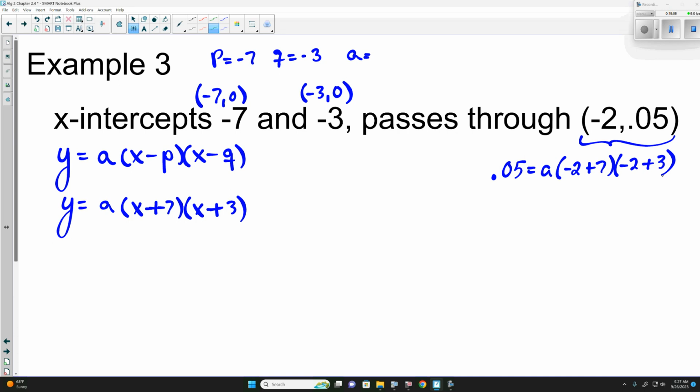Now we're just going to solve for the value of a. So we have 0.05 equals a. Our -2 plus 7 is 5. -2 plus 3 is 1. So we have 5a.